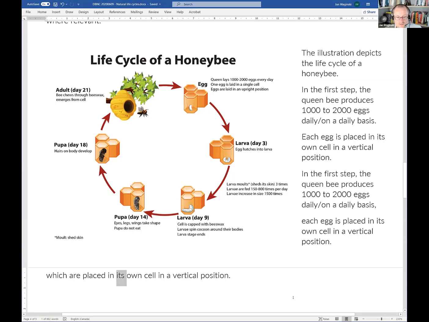Well, we're talking plural now, so what's the plural of its? There. Which are placed in their own cells in a vertical position. Good. And what's another way to do this? Sorry, can we put a comma, each cell being placed? Each egg being placed. Mm-hmm.